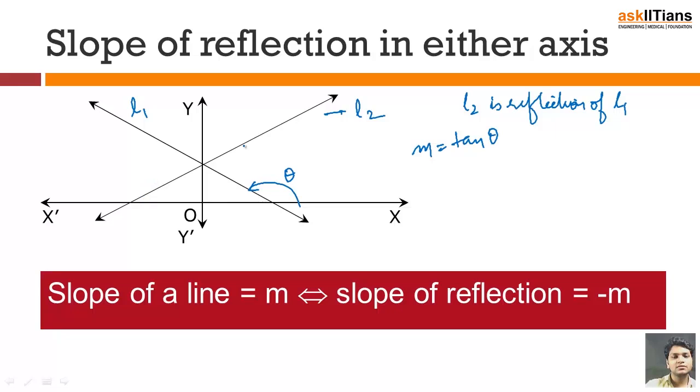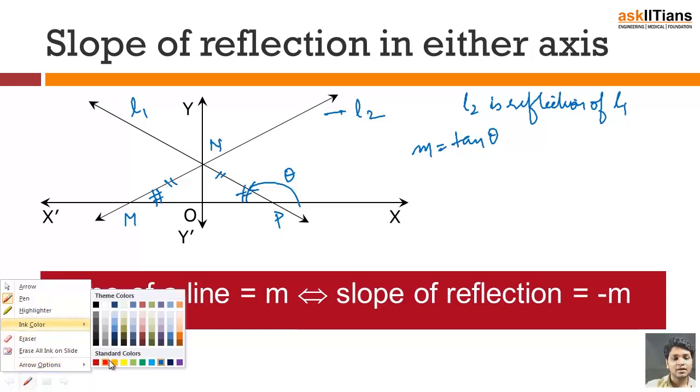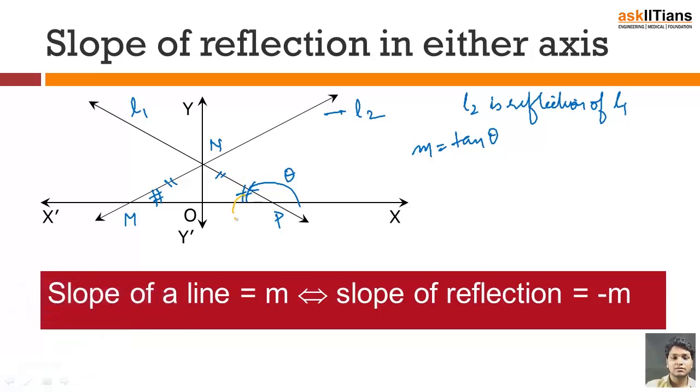As this line is the reflection of this line, you will agree that triangle MNP is going to be an isosceles triangle with MN equal to NP, because it is nothing but the reflection. So these two angles are going to be equal, and from the concept of linear pair, I can very specifically say that this angle is nothing but pi minus theta.